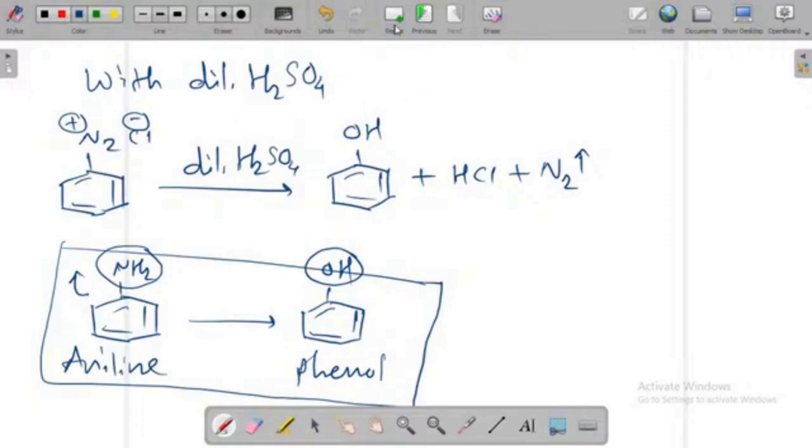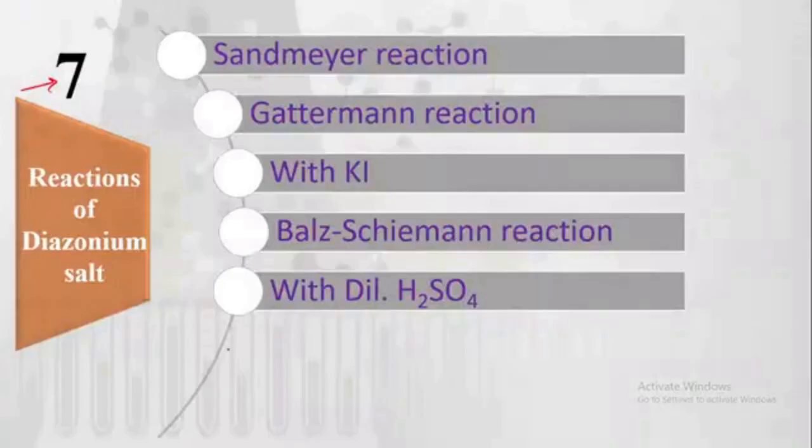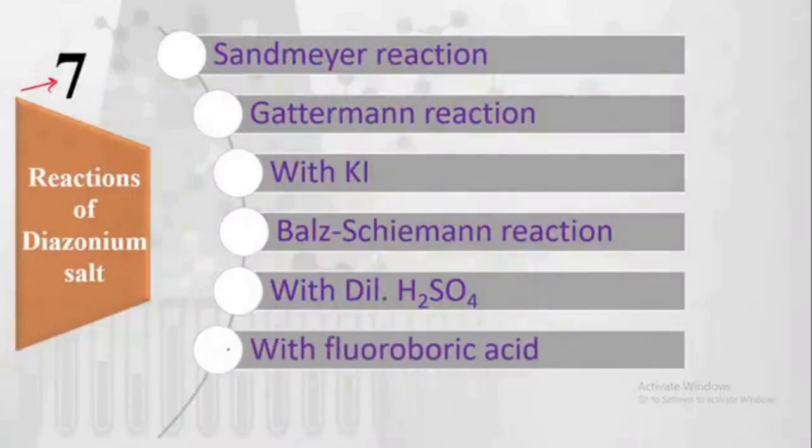Okay, so we'll see the next reaction, that is the reaction with again fluoroboric acid, which will form the nitro compounds. This reaction is also with fluoroboric acid, but it is going to form nitro compounds. How?